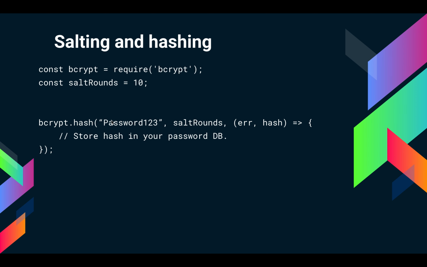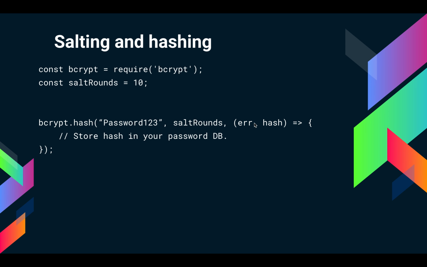The first argument is the string that we want to test against, that ultimately we want to store in our database. We want to store password123 in our database, but we don't want to store it like that. The second argument is the number of salt rounds. The third argument is a callback.